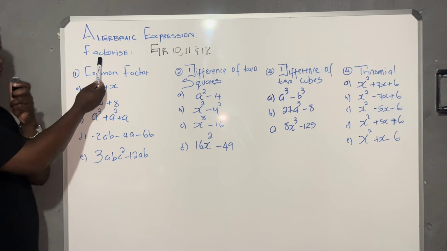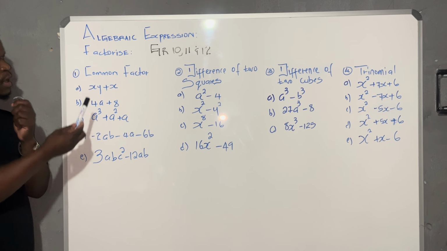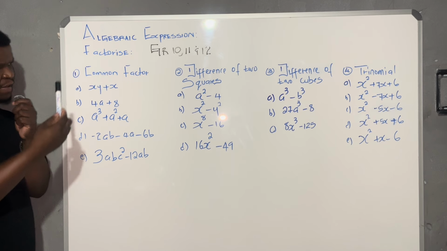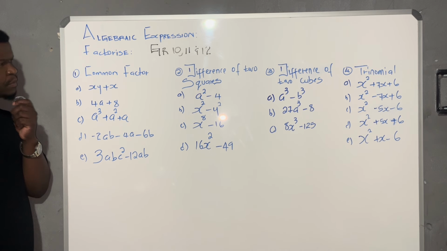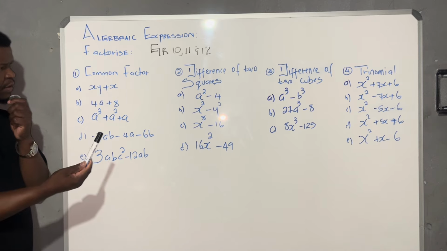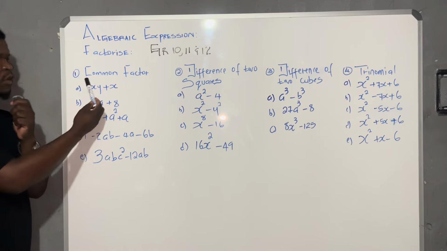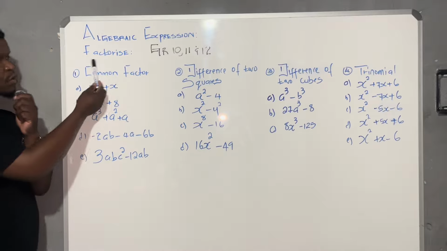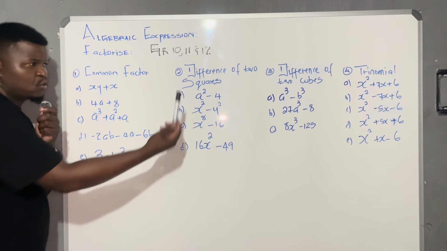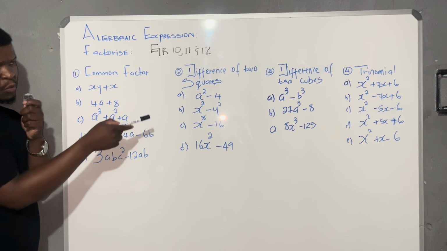Since we deal with factorization, bear in mind that factorization is also divided in different forms. We have a factorization that accommodates common factor. You factorize by taking out the common factor, or you factorize difference of two squares, or you factorize difference of two cubes.